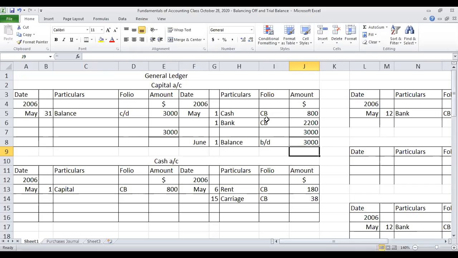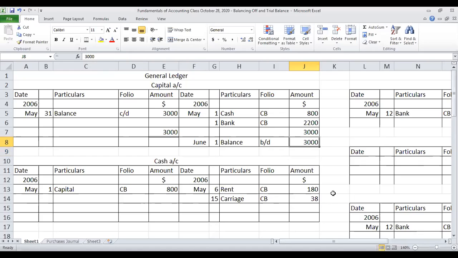Because the credit side is greater than the debit side. And you must also remember that when you do the trial balance, you would place the balance BD amount, 3,000, beside capital on the credit side.